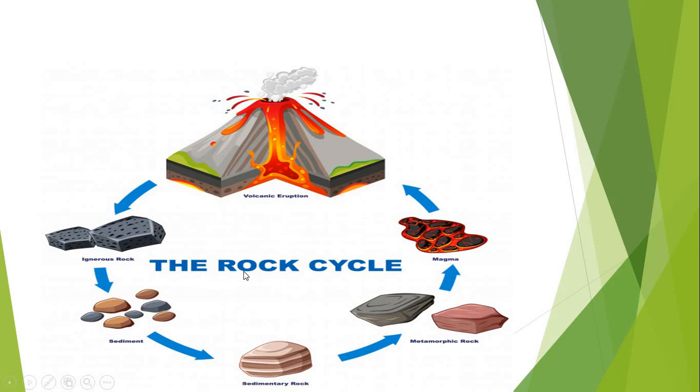As you can see in the picture, this is explaining the rock cycle. Inside the Earth's surface, magma is present. This magma, due to volcanic eruption, comes out of the Earth's surface. Some part of it cools down inside and some part of it comes out.